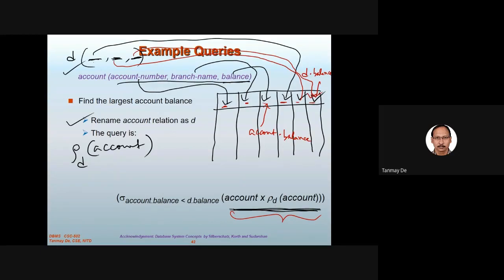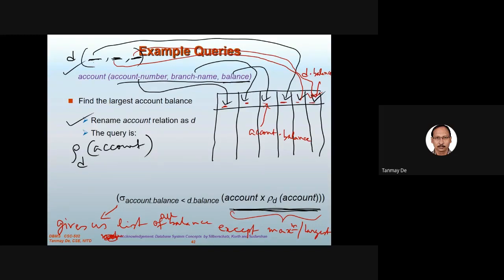This portion gives us a list of all balances except the maximum or largest balance.